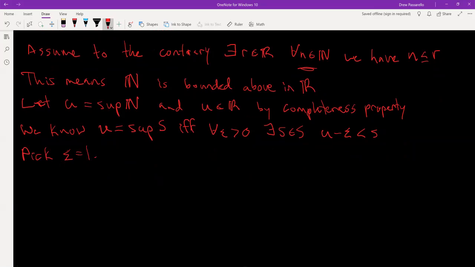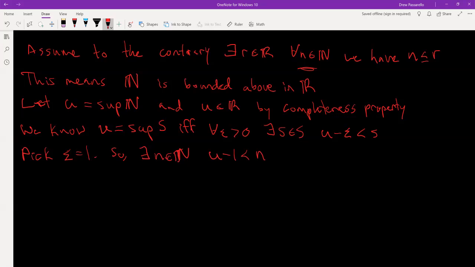So that means there exists a natural number n such that U minus 1 is less than that particular natural number. I used the fact that the supremum is characterized by: for all epsilon greater than 0, there exists an element in the set such that U minus epsilon is less than that element.